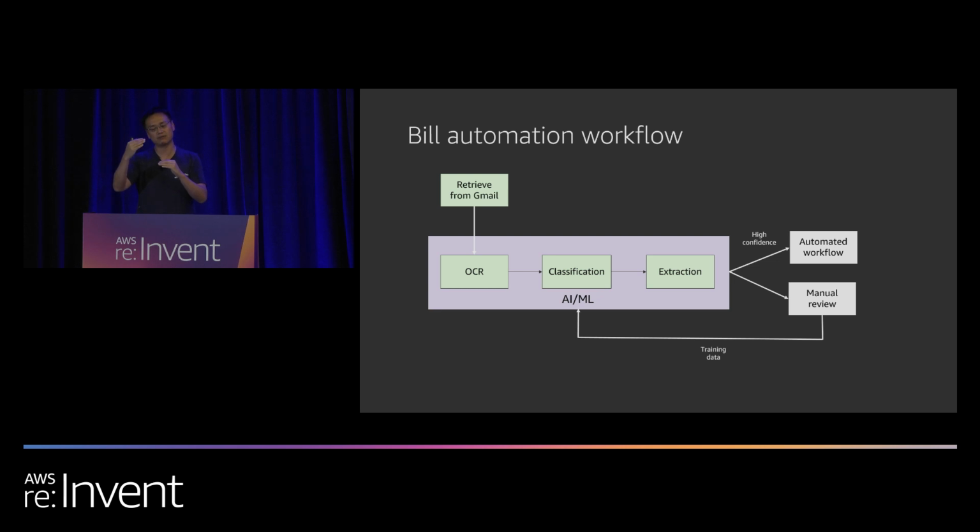If the confidence level is low, then we tag it, and it shows up in the manual review queue. Then our operation people identify whether this extraction result is good or bad. If it's incorrect, they provide human feedback, and we send this feedback back to the training model to improve the quality.